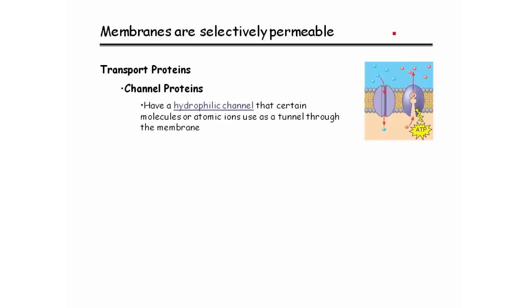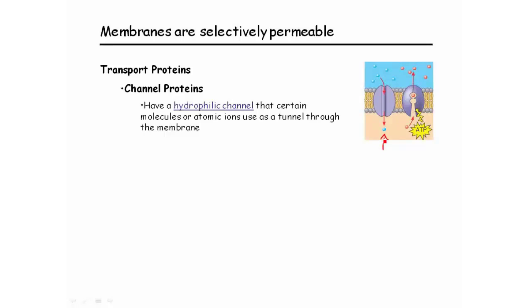The first type is what we call a channel protein. And this first picture is showing us the channel protein. Since we already have an interior of the membrane that is hydrophobic, we don't need a hydrophobic passageway across the membrane. Instead, we need a hydrophilic tunnel or a hydrophilic channel.